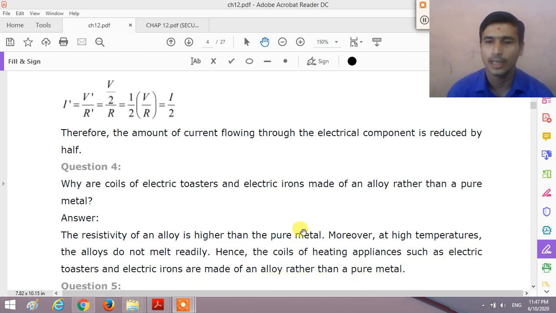The alloys have a high melting point, so all the heating appliances have coils made of alloys.